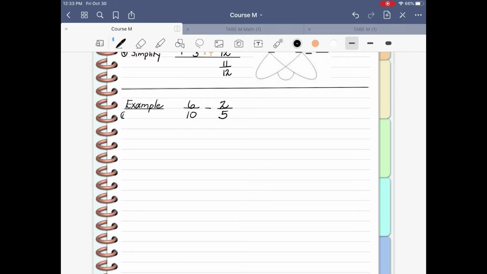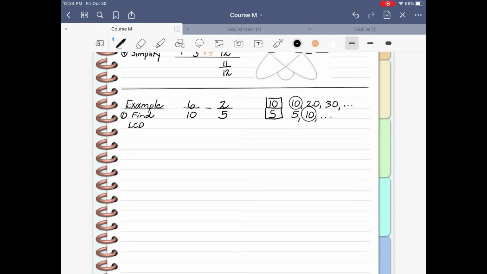So the first step is to find an LCD, the lowest common denominator. You may know it just by looking at it, but I want to write these out so you can see where that's coming from. 10, 20, 30, just get started. 5, 10, there it is. 10 is in both lines, and that's what I want to use.